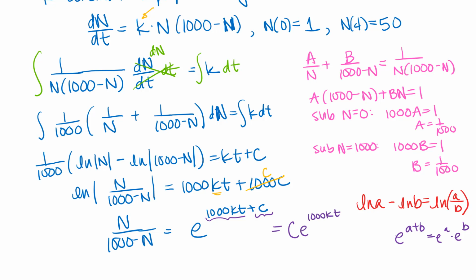And again, that c is different than the c we had in a prior step, but that's okay because I haven't really done anything previously where I want to be able to go back and keep track of that c. All right, so to finish solving for n, I'm going to multiply through both sides of my equation by 1,000 minus n, and then I'll combine like terms and get all the n's on one side.